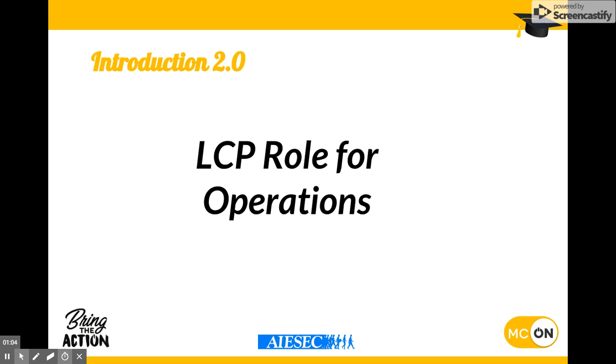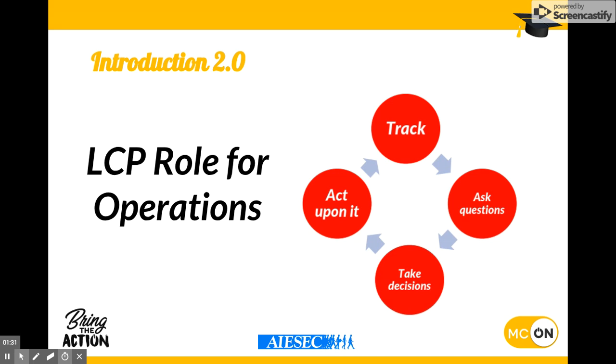So in order to start this session, I wanted to recap a little bit one session that we did in NPM. So if you were there, probably you will remember this session that we talked about what is the LCP role for operations, and we saw this graphic that is describing the cycle of an LCP for operations.